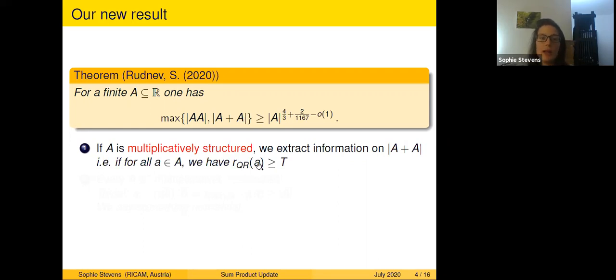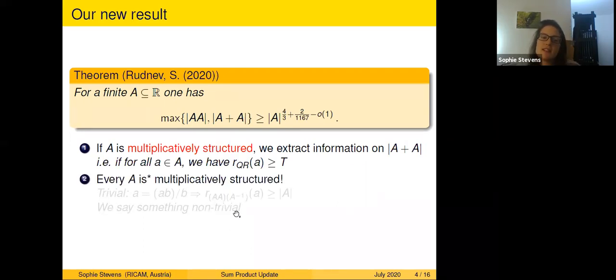All right, so that's all very well as half of our proof. The other half maybe doesn't come as too much of a surprise: it's saying that every set is multiplicatively structured. Firstly, is this surprising? Well, not so much, because trivially every set is indeed multiplicatively structured.